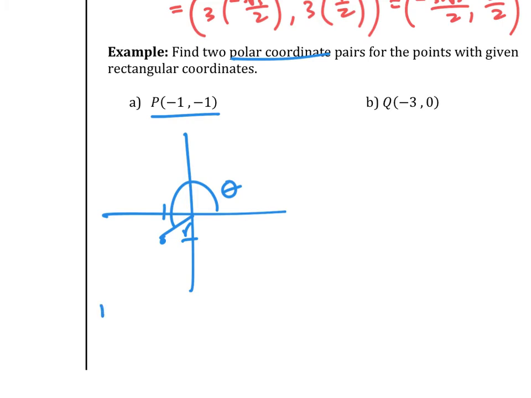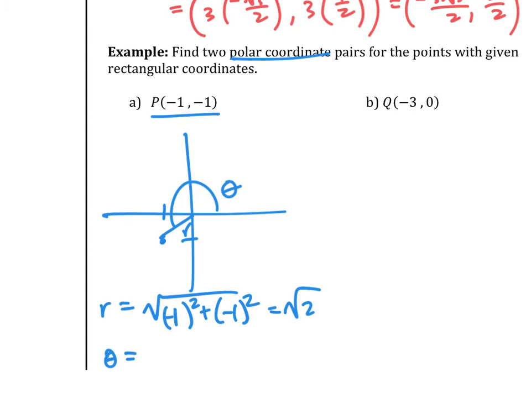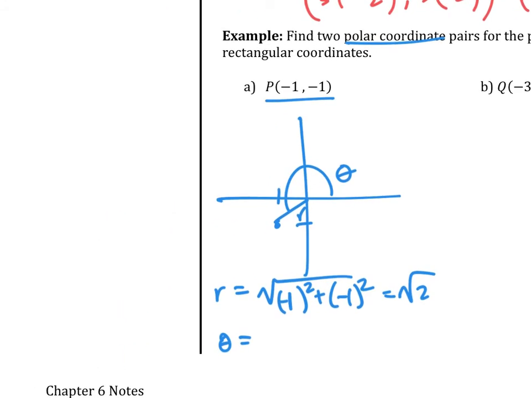So then to find r, we're going to use the Pythagorean theorem: square root of a squared plus b squared. So this is the square root of 2. And then theta is, if you imagine this as a triangle with the right angle here, we're going to label this as the actual length without the negative sign.